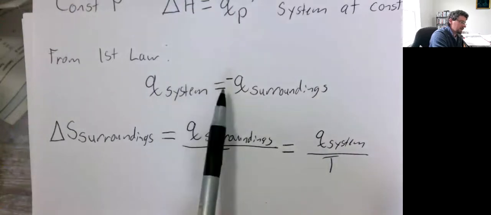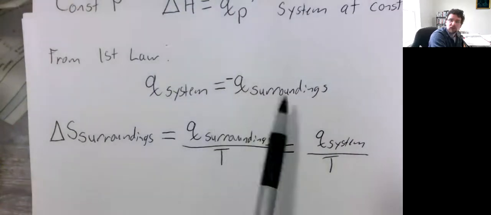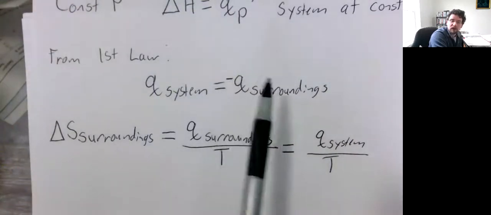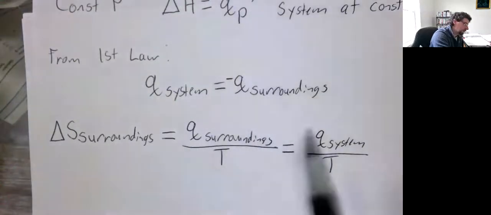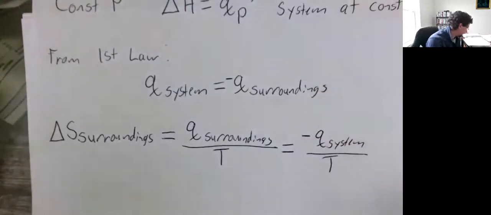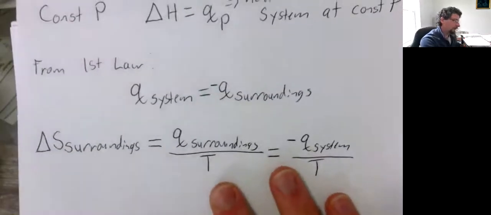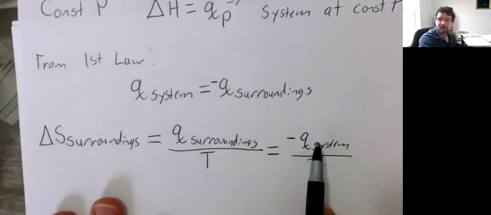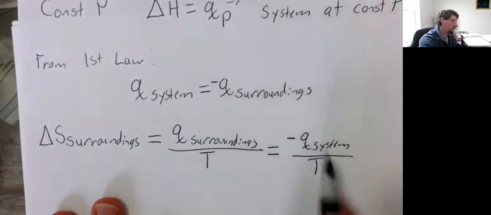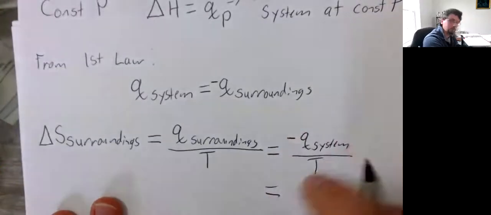The Q of the system is equal to the negative Q surroundings, or the Q surroundings is equal to negative Q system. So if we do that, we get this. Finally, we know at constant pressure that the heat exchange is equal to the change in enthalpy.